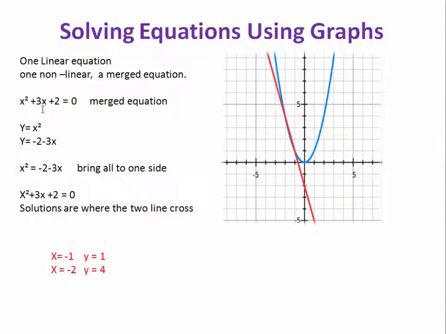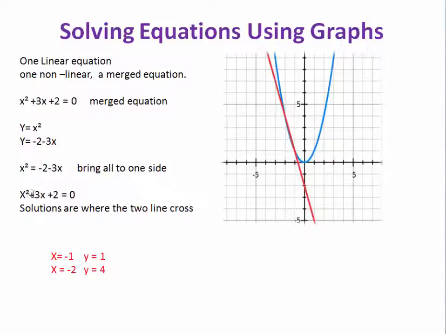We can sometimes be given a merged equation, so all the merged equation is we make these two equal to each other, so x squared equals -2 minus 3x. Then when we bring it all to one side, -2 goes to the other side, that becomes +2, and minus 3x goes to the other side, that becomes plus 3x equals 0.